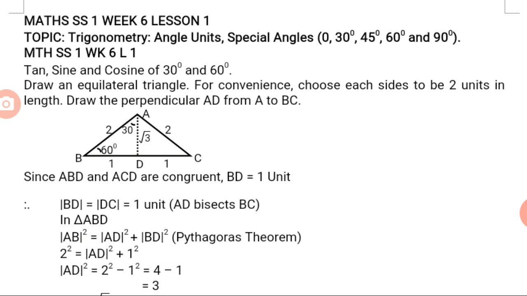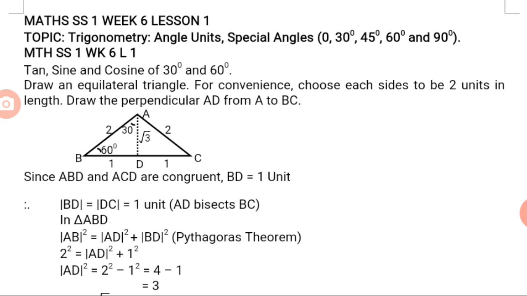Are we together? Therefore, line BD is equal to line DC, which is equal to 1 unit. It means that line AD bisects line BC into 2 equal parts.